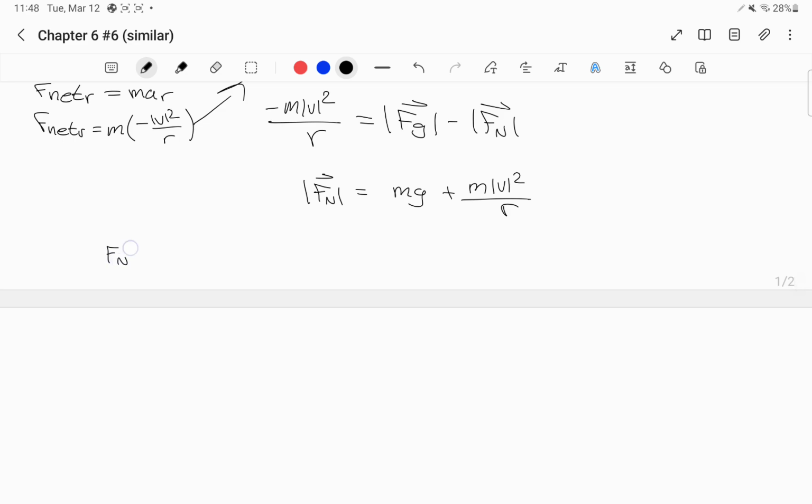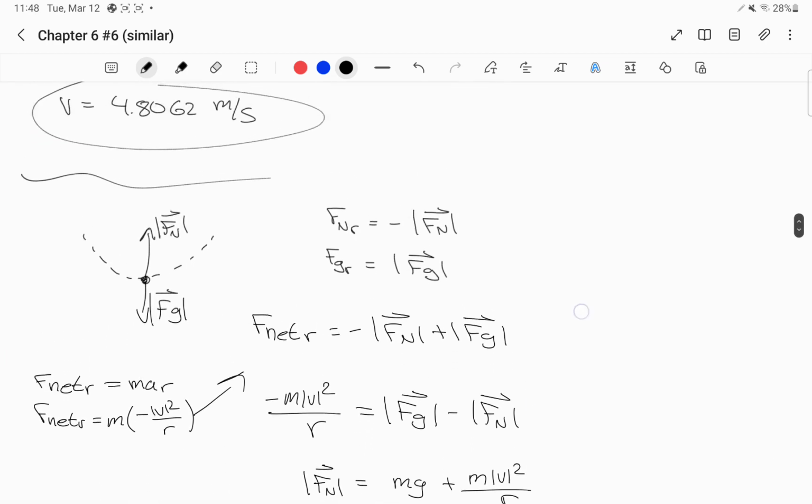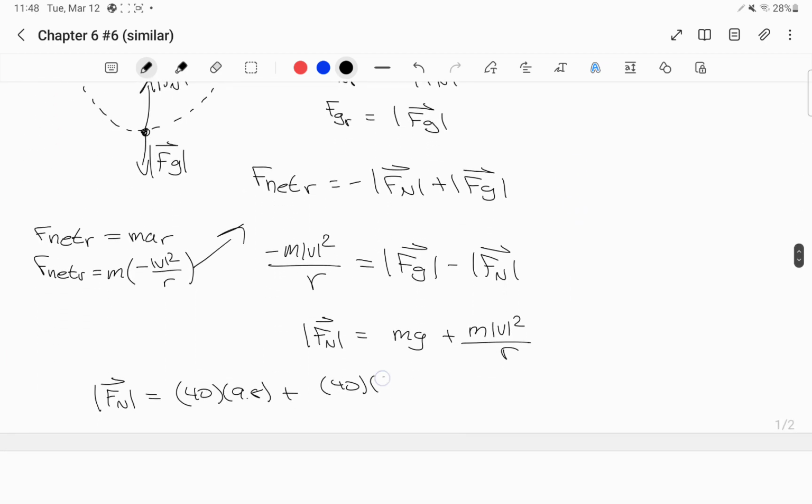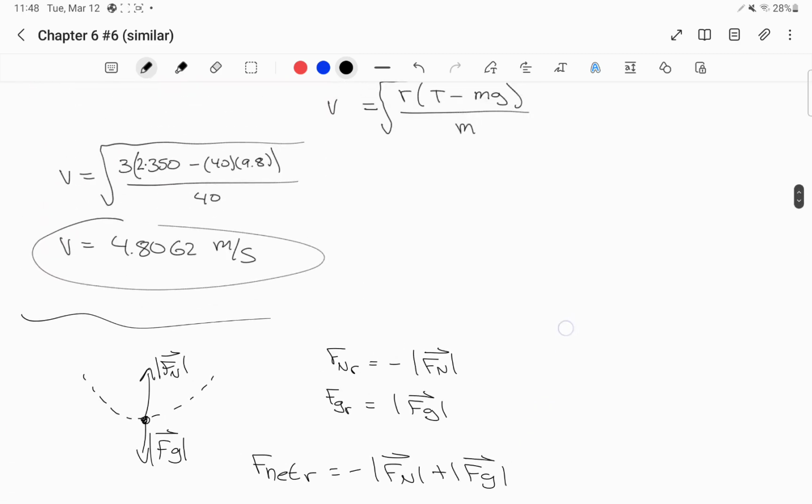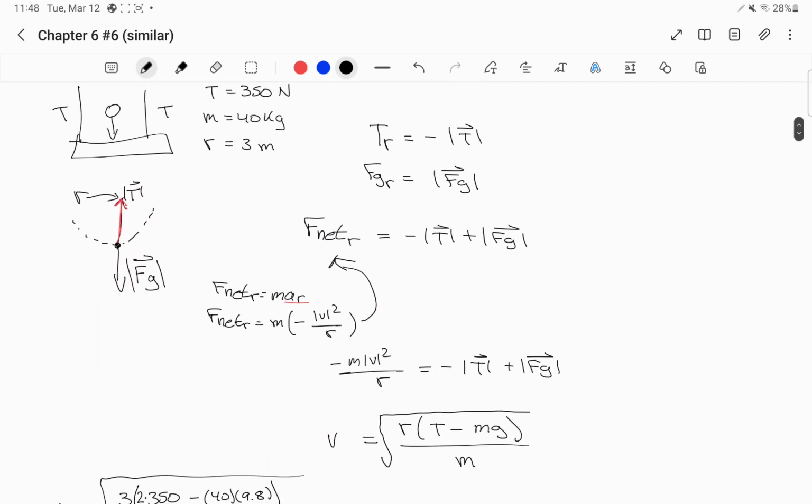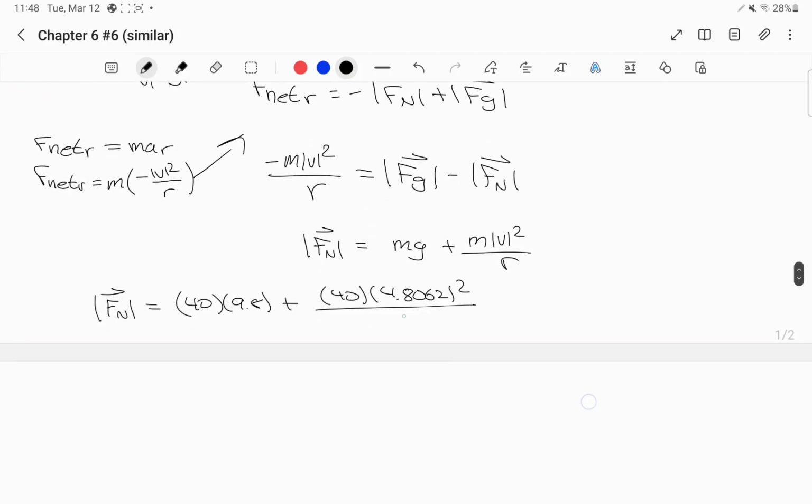And this would simply be F of n, plugging our numbers in, 40 times 9.8 plus 40 times the velocity, I believe it was 4.8062 squared, all over the radius, which is 3 meters, which is the length of each chain.